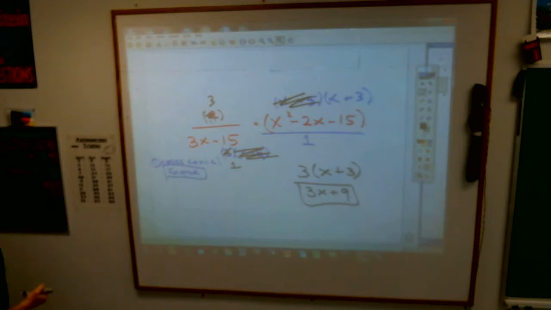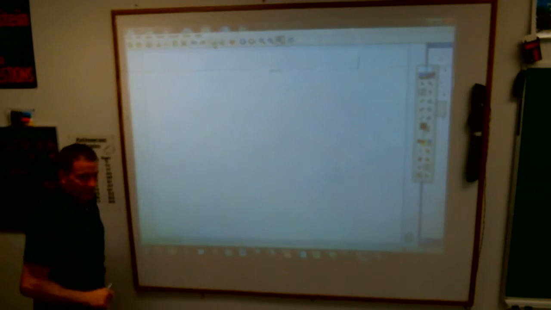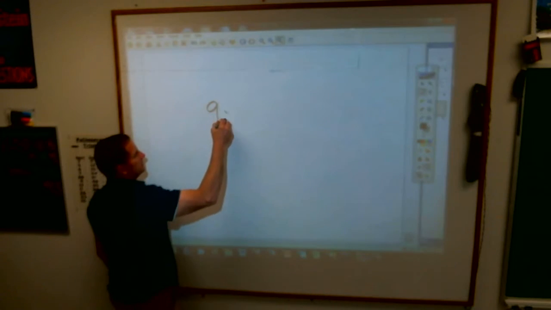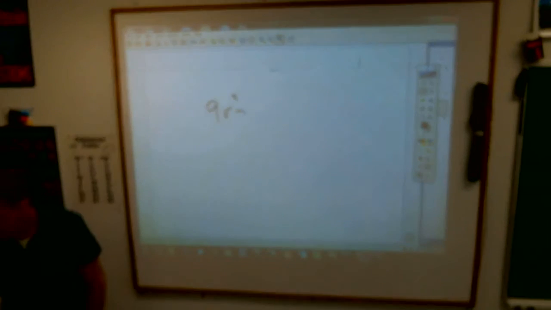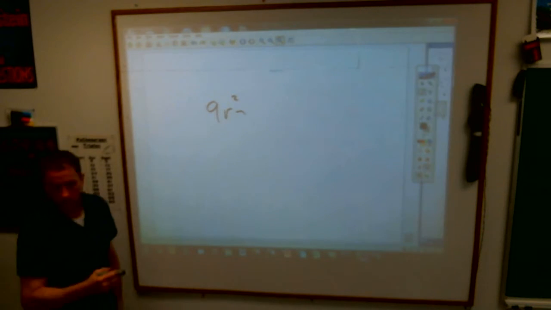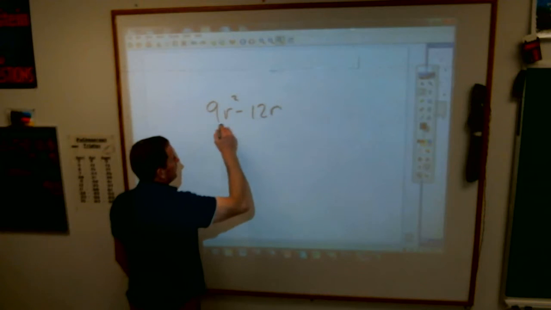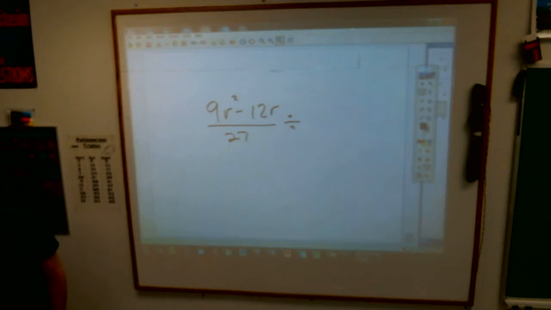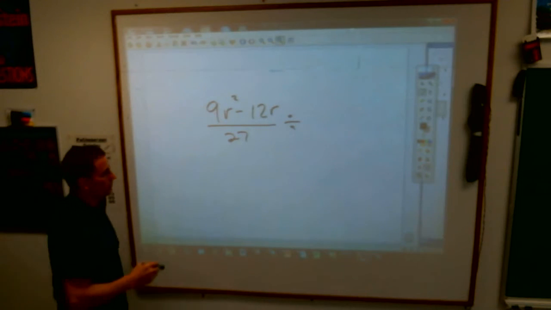Isn't that exciting and interesting? Division is really the same thing except what? Somebody? You have to flip and multiply first. So here's your example for that. 9r squared minus 12r over 27, all divided by 3r minus 4.